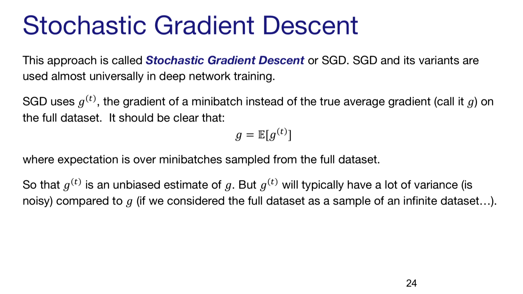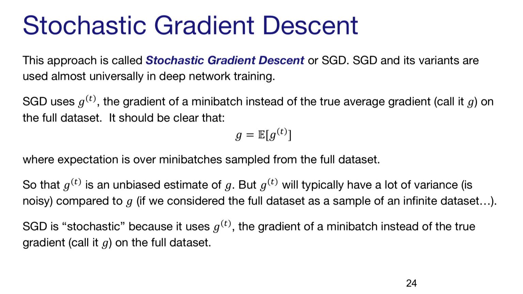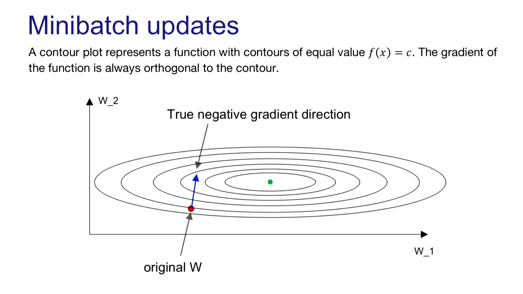In other words, it's an unbiased estimate of the full gradient, but it'll have a lot more variance, right? You compute on a different mini batch, the gradient will be different. So that is the stochastic or random component, and it's just an estimator instead of the true value.